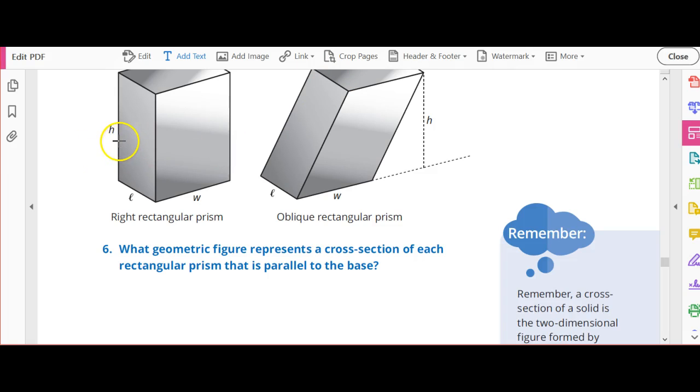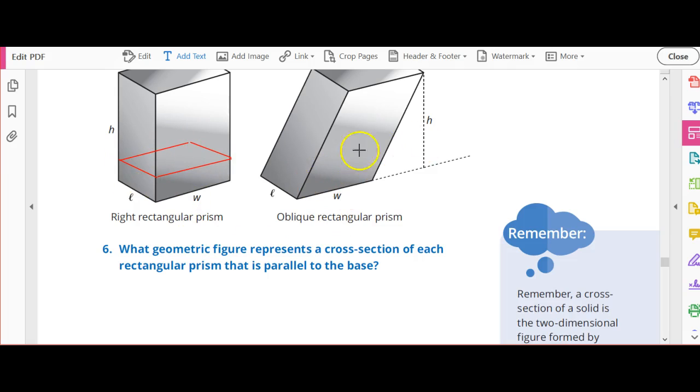Okay, parallel to the base means when I cut across, it's going to come across parallel to that base, right? Well, then I'm going to end up cutting back there. So what's that shape going to be?